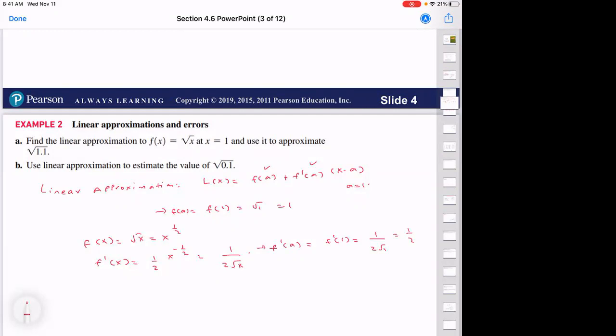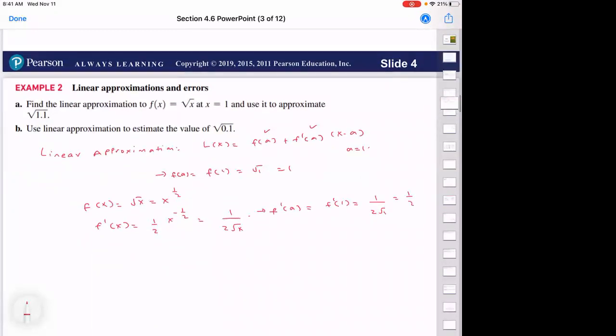We have everything we need to find the linear approximation. Are you with me? We have that f(a) equals 1 and f prime(a) is 1/2.